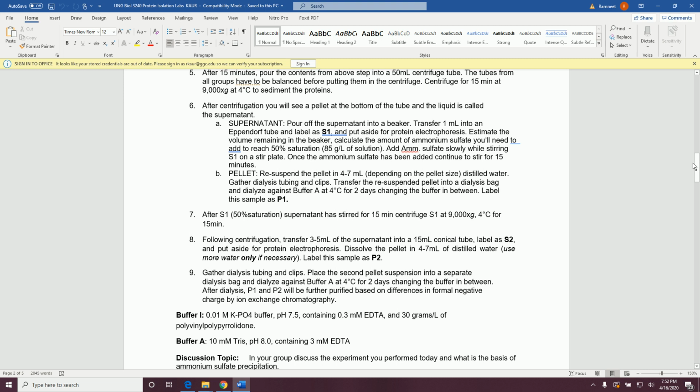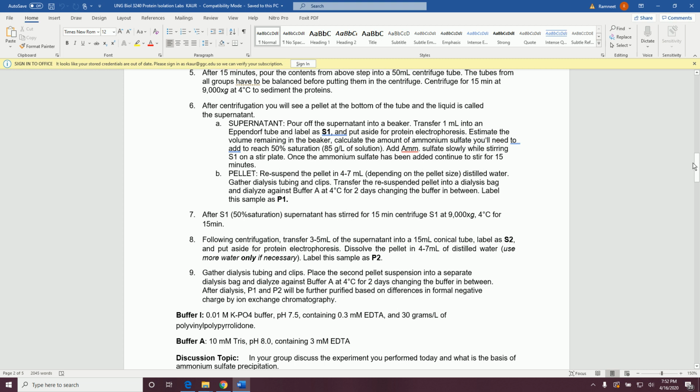So the proteins no longer make bonds with water, and the water actually makes a bond with salt, and the proteins precipitate out. That's what we are doing.